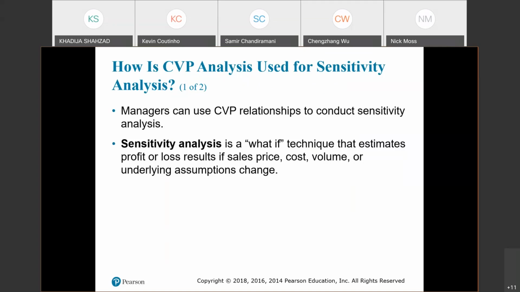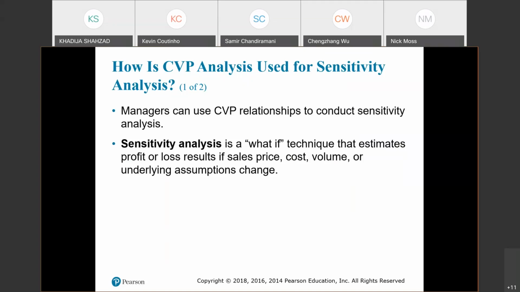Okay, sensitivity analysis. Sensitivity analysis is a what-if technique that estimates profits or loss results if sales price, cost, volume, or underlying assumption changes.